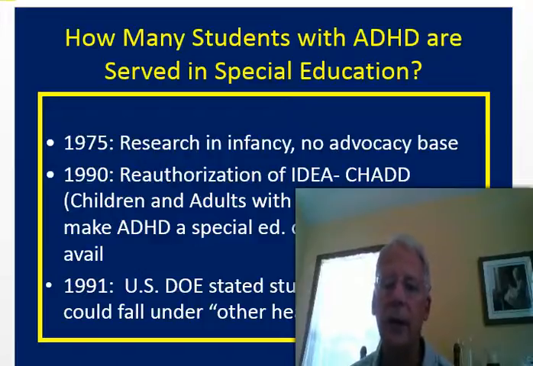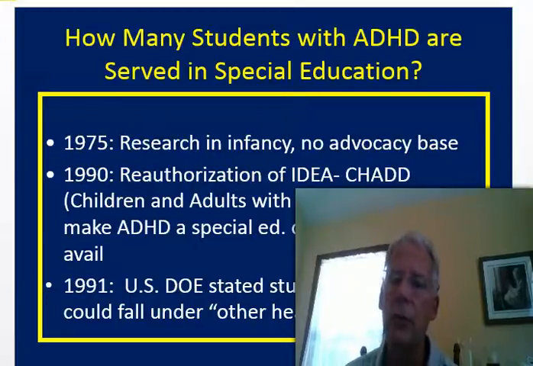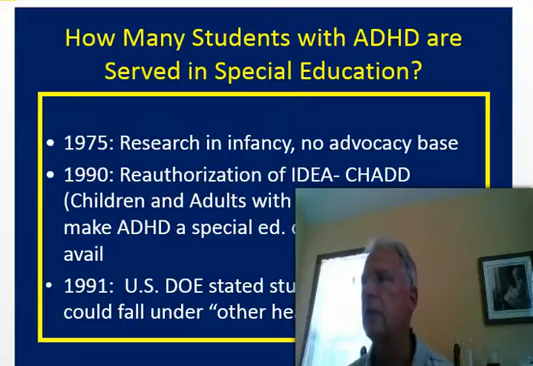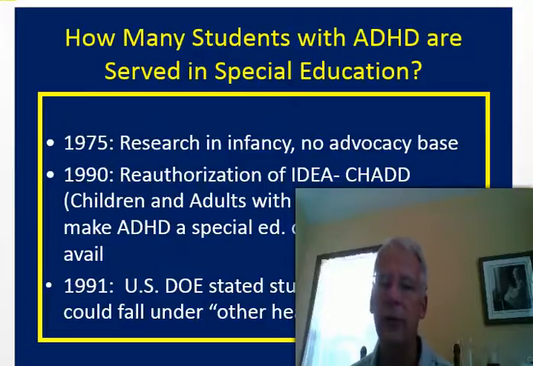And in 1990, with the reauthorization of IDEA, children and adults with ADD came into being, and people began to advocate for making ADHD a special education category, just like learning disabilities, just like intellectual disabilities.